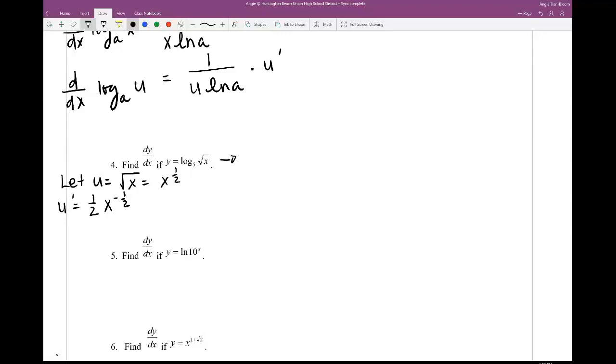So here we will now write y equals log base 5 of u. Well, y prime, based on the rule that we have just got done writing, it's going to be 1 over u times ln of a, and what is your a in this question?